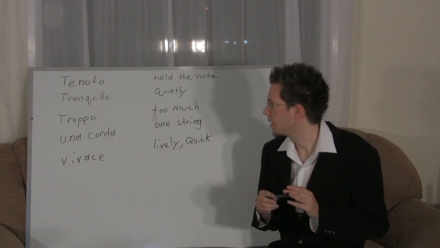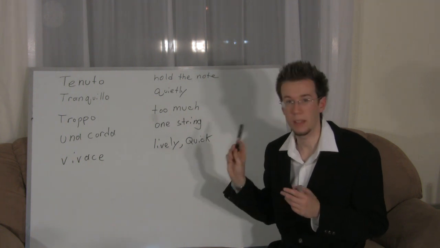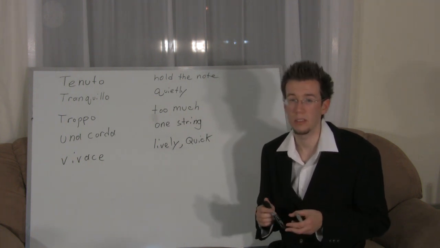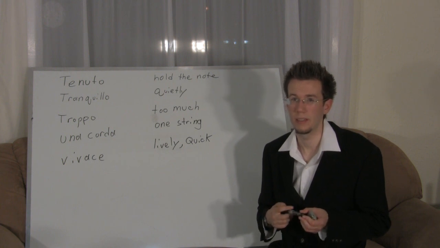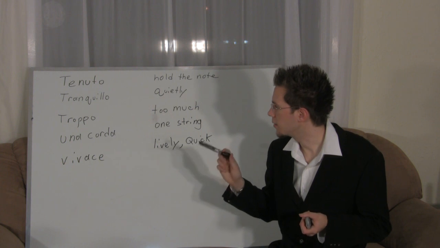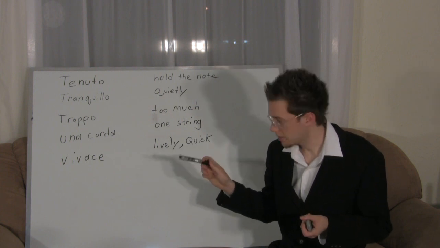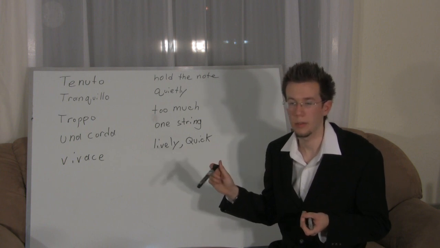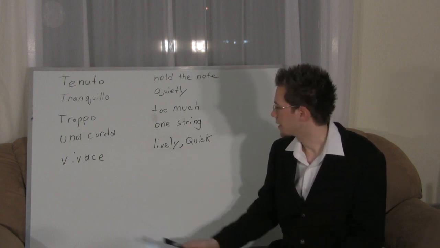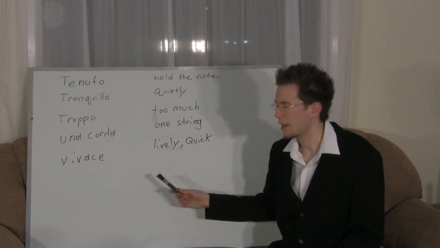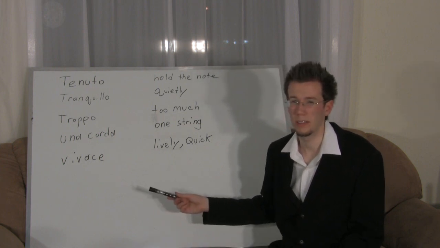But for piano, if you see una corda, it means you're going to use the soft pedal. So that's basically what una corda means. It's U-N-A space C-O-R-D-A, una corda.